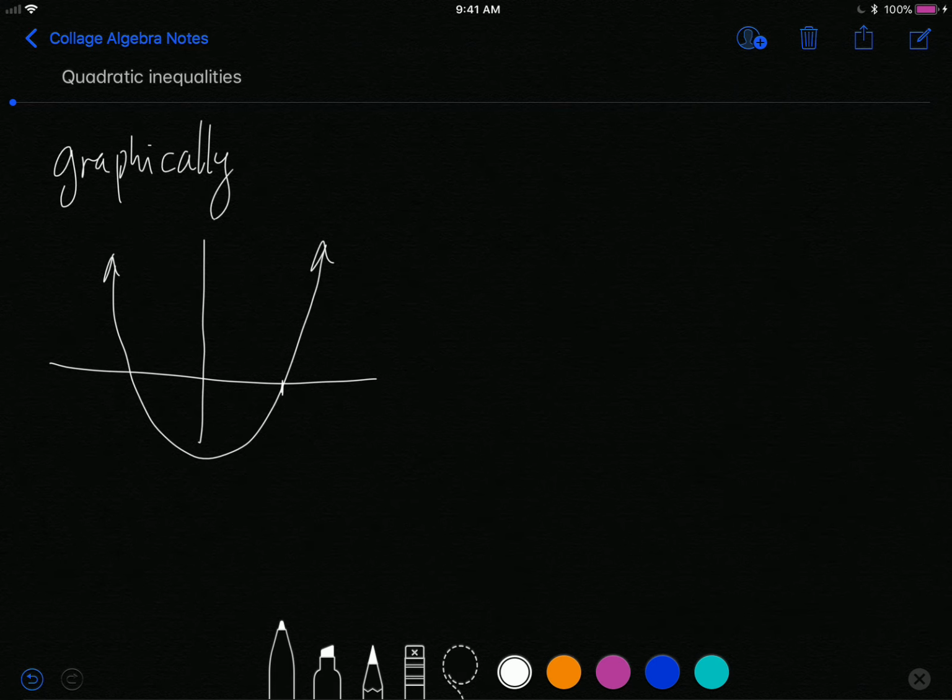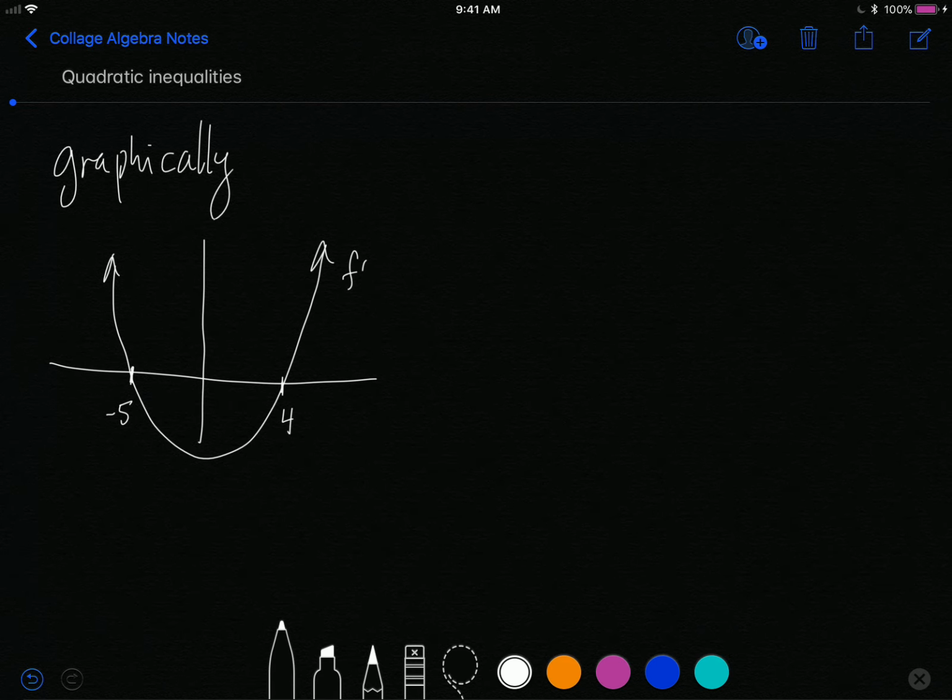And so that's the first thing you have to always identify. So let's say that this right here is 4, and over here is -5. And so my x-intercepts, my zeros, my roots, where the graph meets the ground, are at 4 and -5.